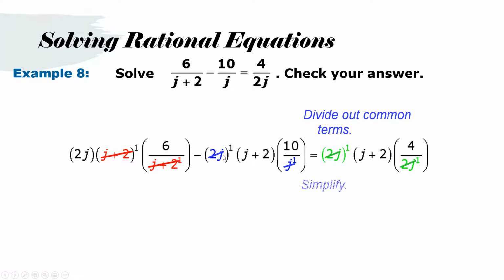Okay. Then simplify. So, why did it become 12j here? Because 2j times 6 is 12j. Then, since this was divided out, the denominator is just 1. Then, minus, like I said earlier, just 2 is left here. Right? Just 2 is left here.